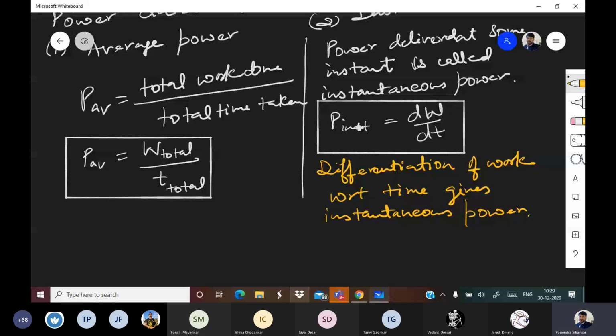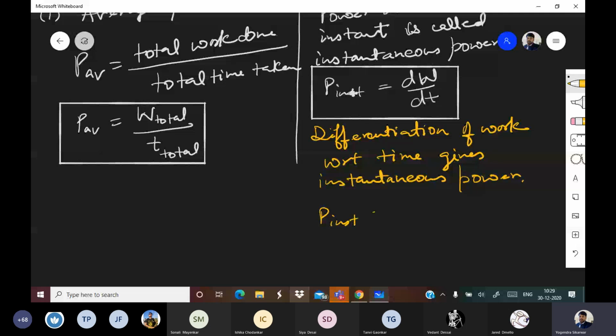So P inst is equal to d by dt of work. Now what is work? F dot R, or you can say F dot S, where S is displacement here, right?